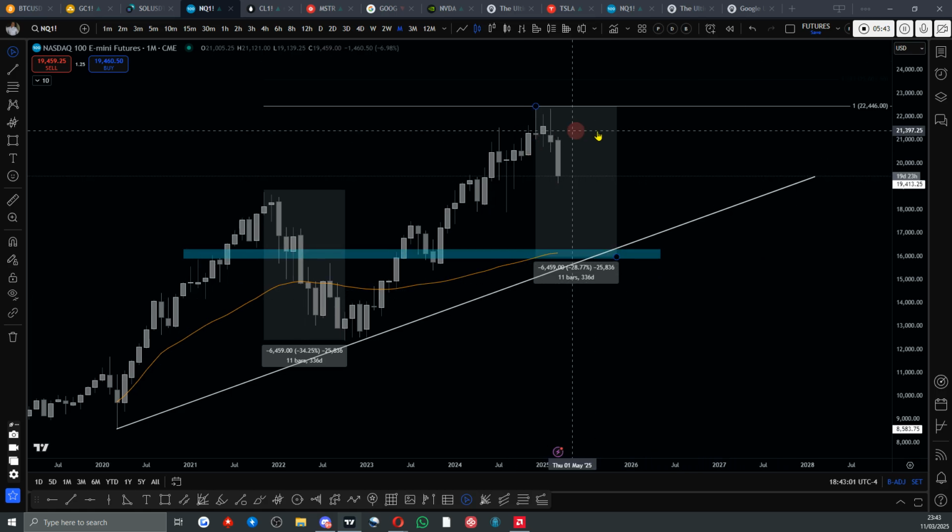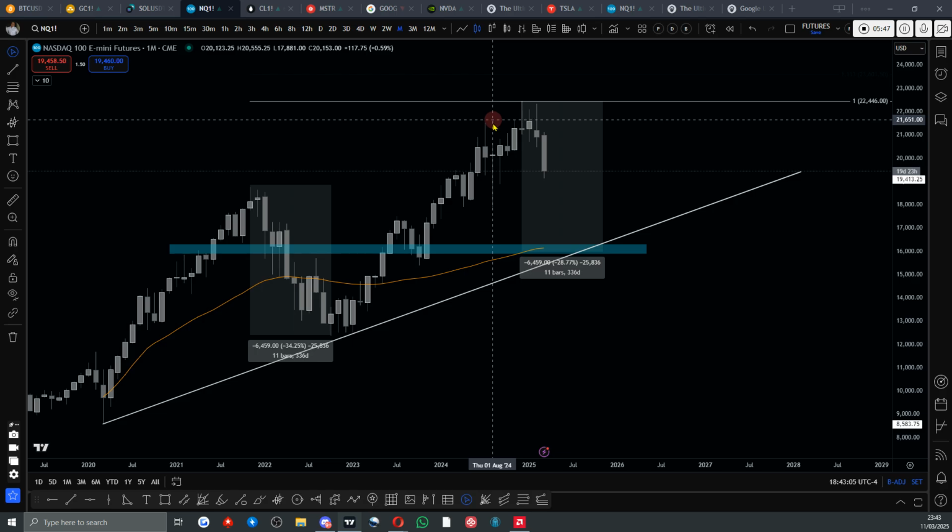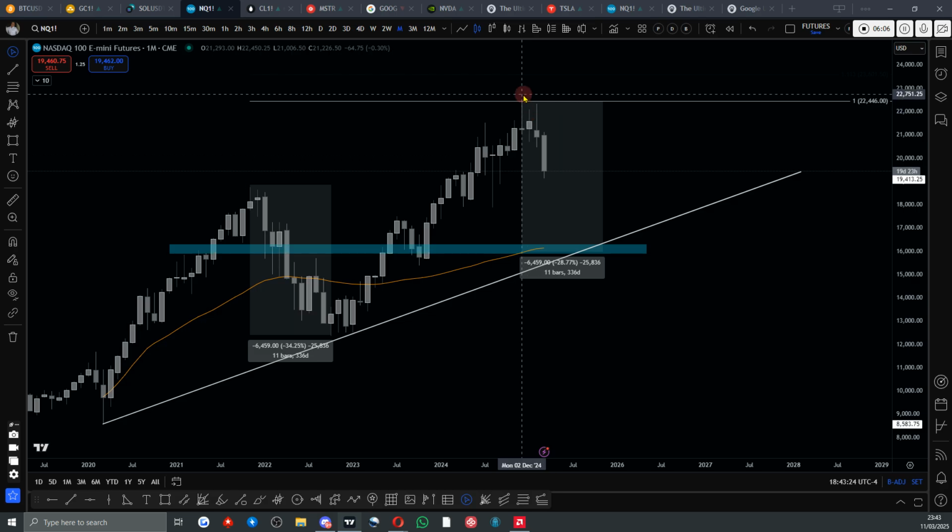Now, when we did come down in August, because these are monthly candles, at one point this had a full body, but it ended up getting completely bought up, and we ended up putting in this all-time high. So we had a 25% move from August all the way to December.